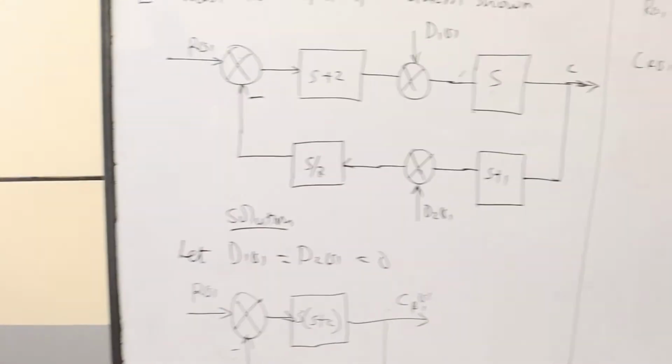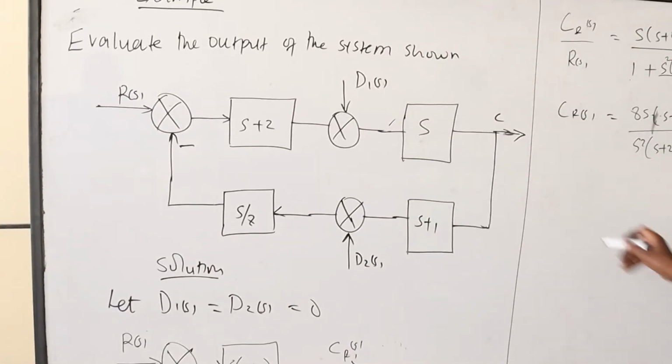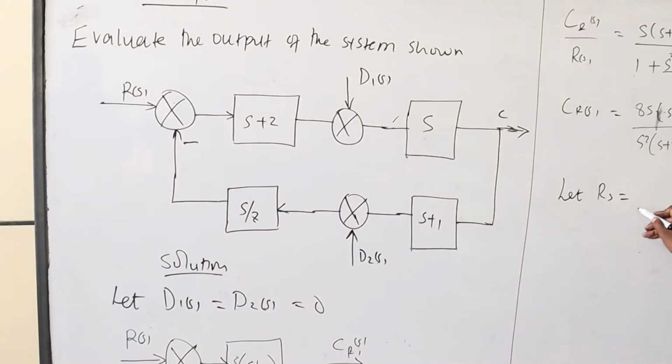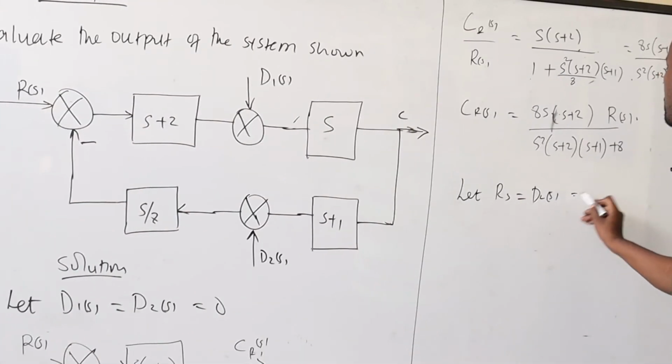The first input, you go to the second input, that is D1 of S. So in that case, we are going to let R of S be equal to D2 of S be equal to 0.